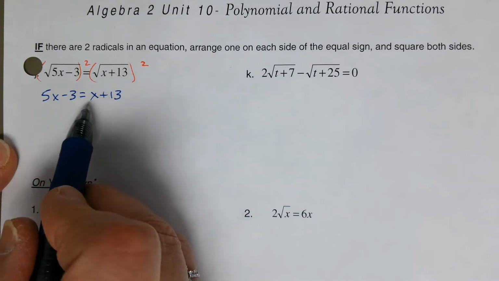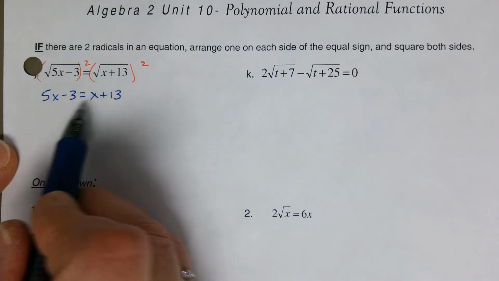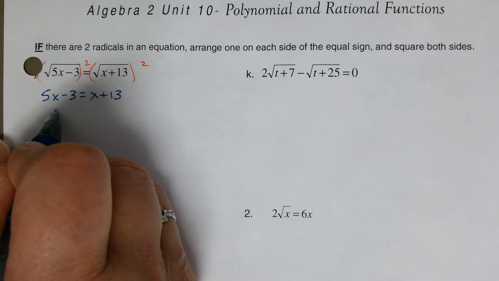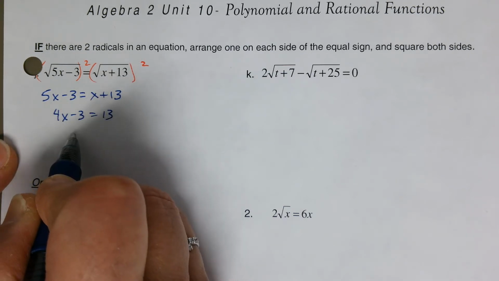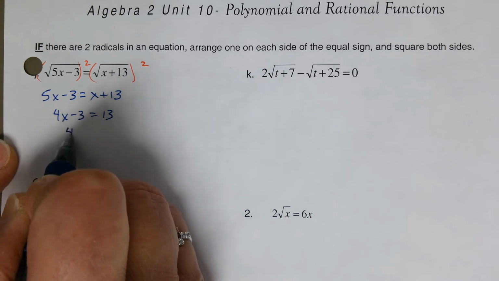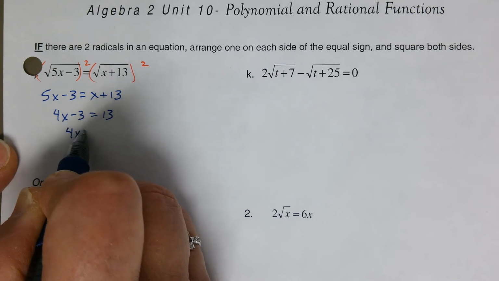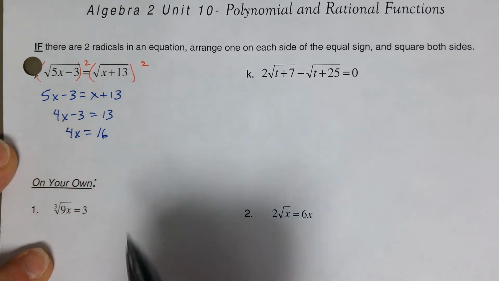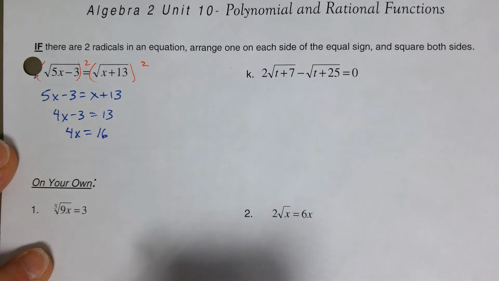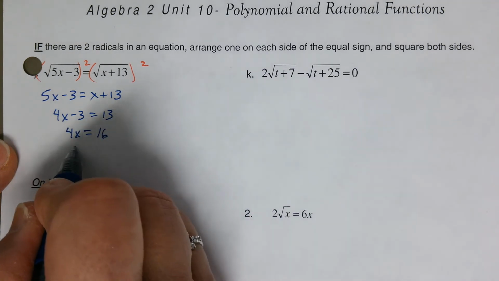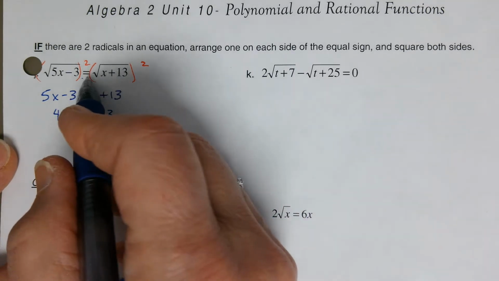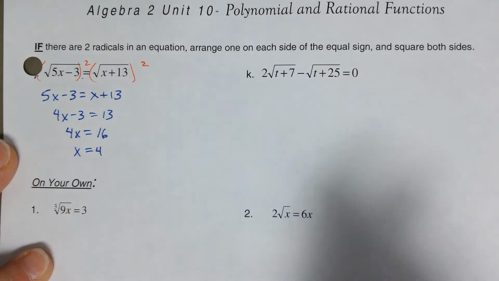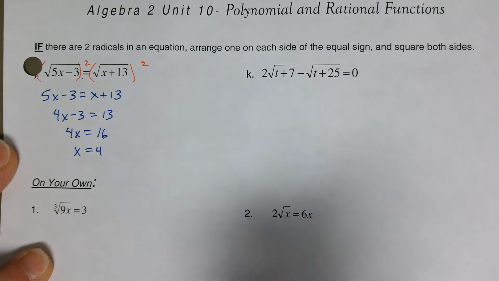This is linear, right? There's no x squared term, just x's, so subtract x, add 3, and divide by 4. x equals 4. And check in the original.